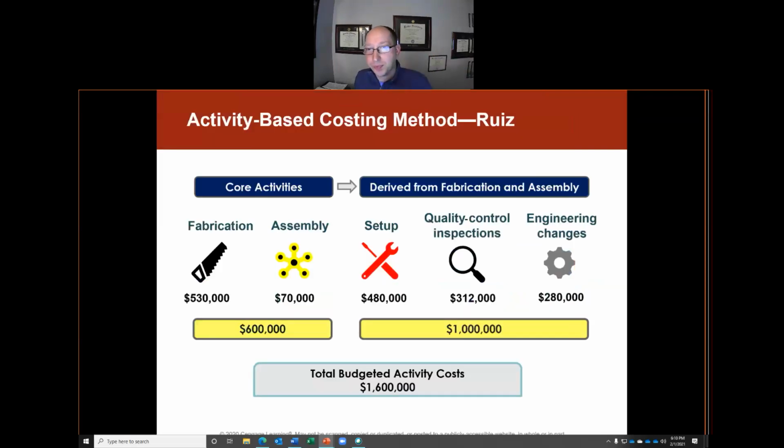So, let's jump into some activities and talk about it. So, core activities. These are what the company does primarily as activities. It's different than departments. These are activities. They're similar.